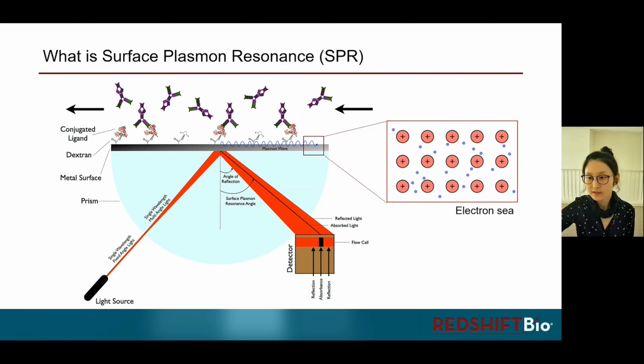This angle will shift when there is a binding event. We use resonance unit, or RU, to describe this angle shift. Specifically, 1 RU is equivalent to a critical angle shift of 10^-4 degree.